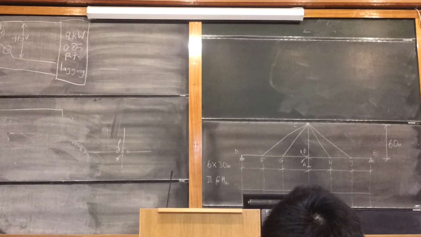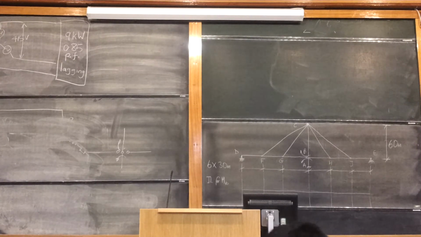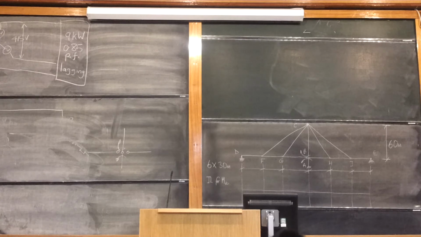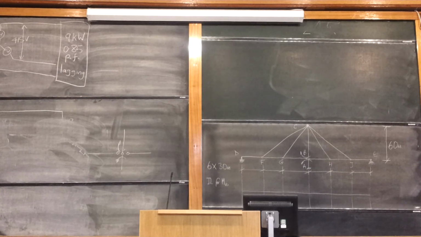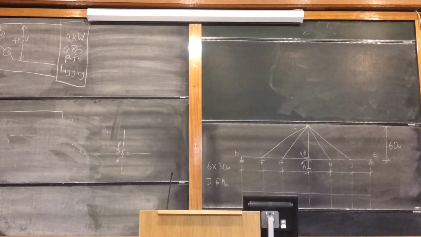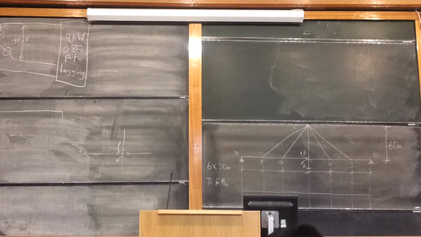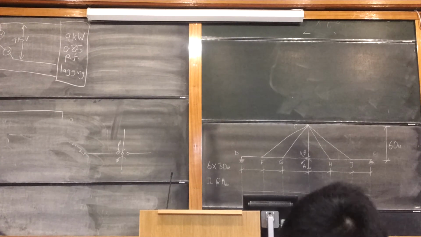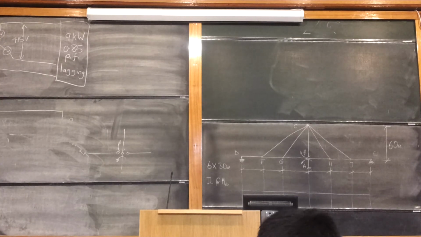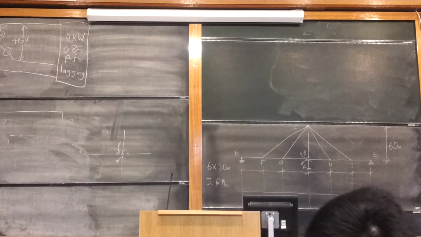Then what happens to the top? Is he not going to be like this? What you're doing is you're saying basically the deflection is going to be zero at those ends.